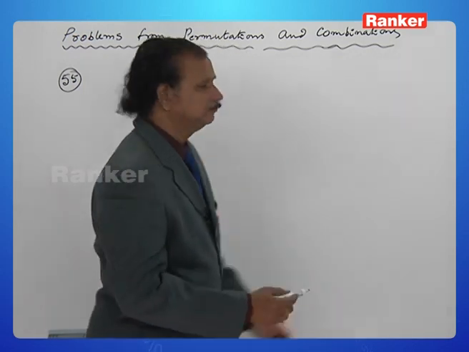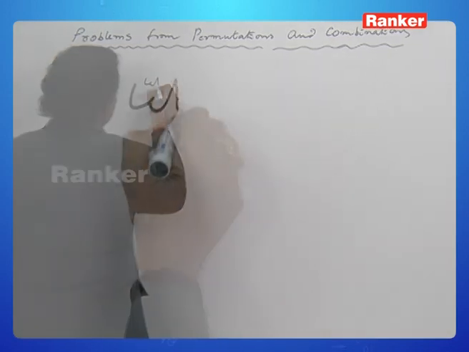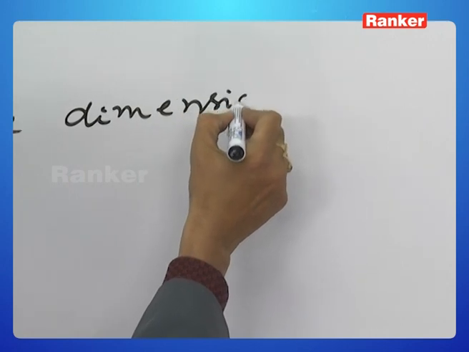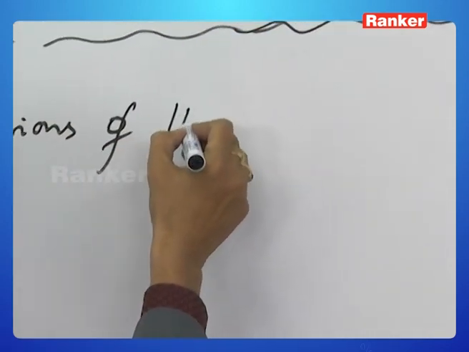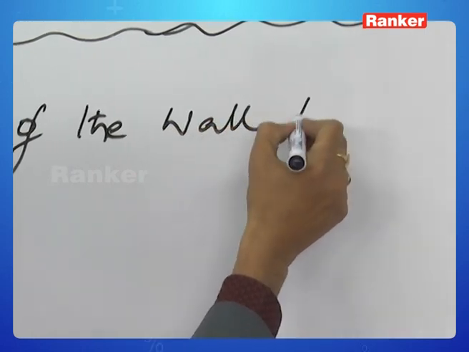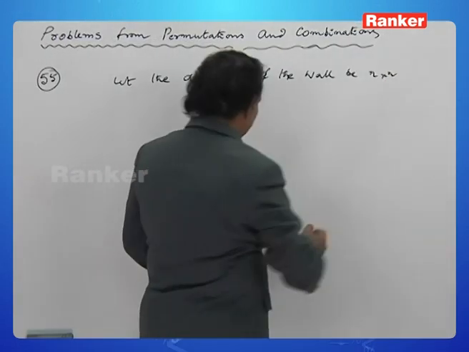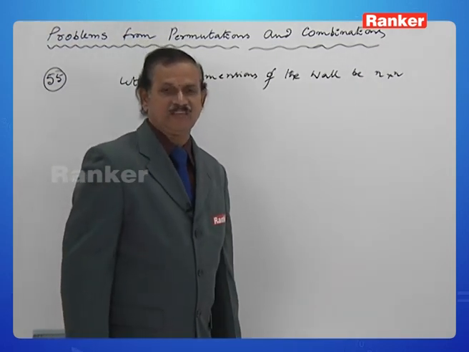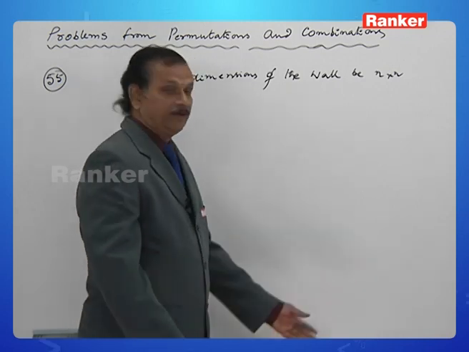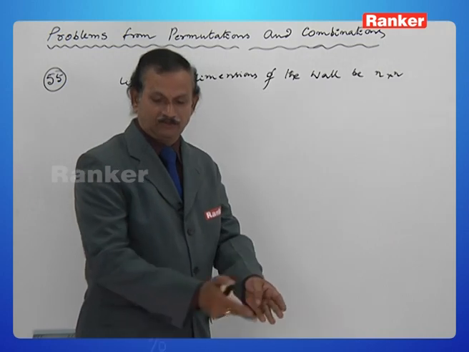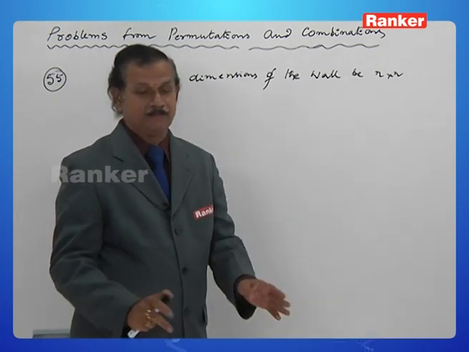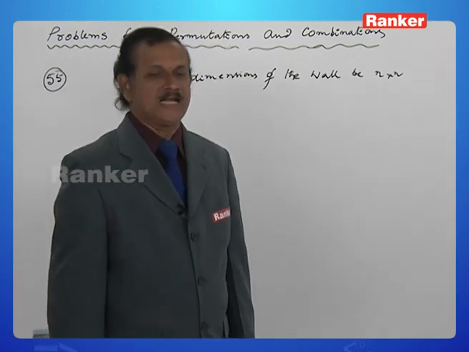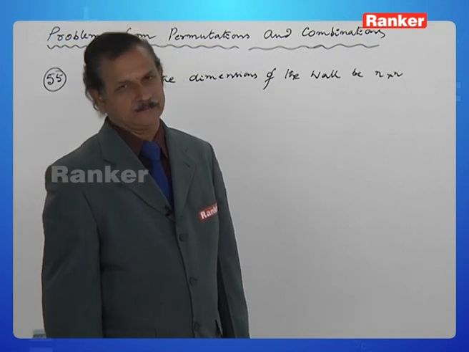Let me assume, as it is a square wall, it has dimensions n into n. What I mean to say is, let there be n tiles along one side and n tiles along another side. So the total number of tiles is n into n, that is n square.